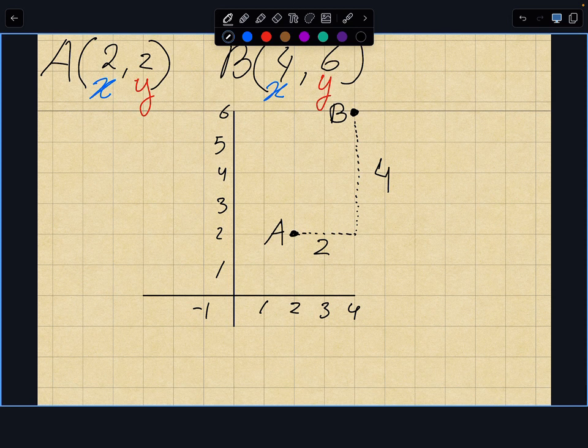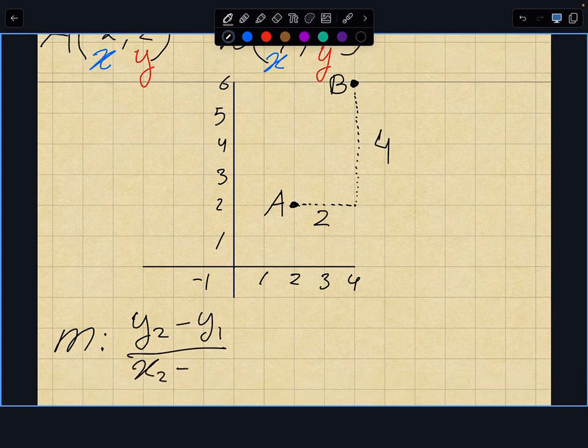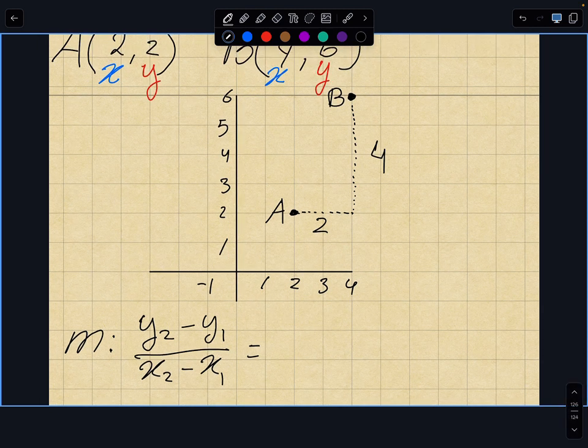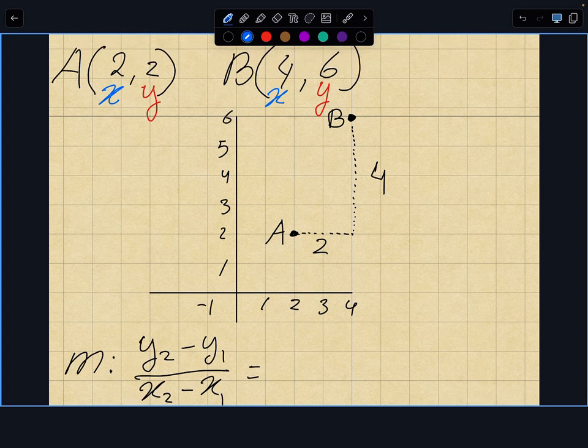So the first thing you need to find is the gradient of the line. Second formula, or third. Teacher, what is y1? What is y2? Easy. The first coordinate has a y, so that becomes 1.